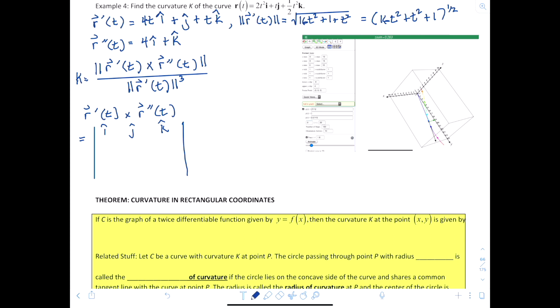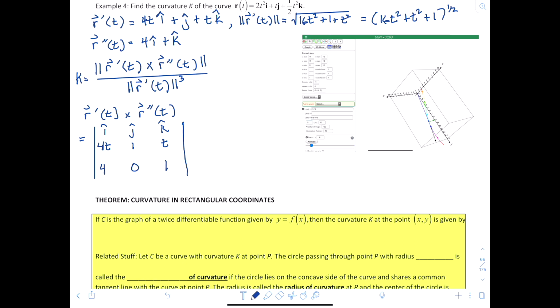And then let's see, our r prime vector is what? We'll have 4t, 1, and t. And then we'll have for our r double prime 4, 0, 1.